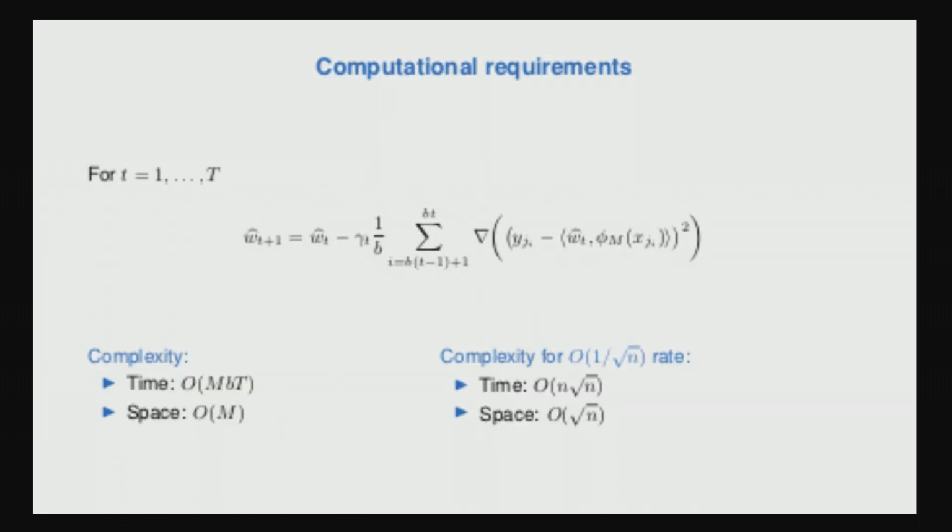But the first two options actually bring the computational complexity down to n square root of n in time and square root of n in space. And these values are quite good, because they are a square root of n factor better than both stochastic gradient descent without random features and random features in a kernel ridge regression setting.